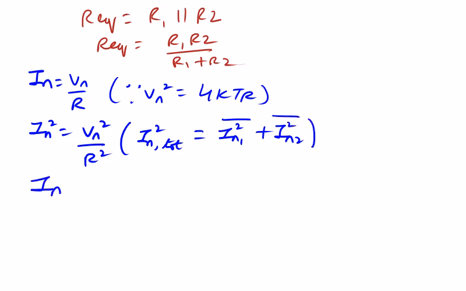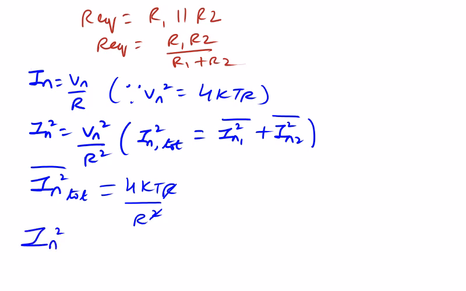I can write IN² total mean is equal to 4kTR by R². The R² and R cancel, so I get IN² total mean is equal to 4kT by R equivalent.